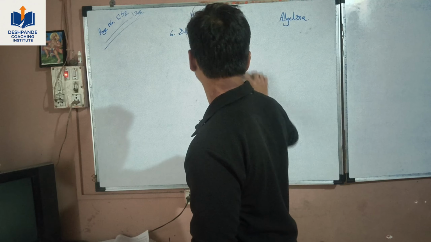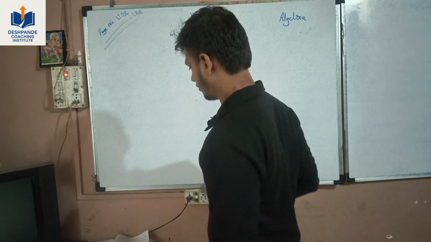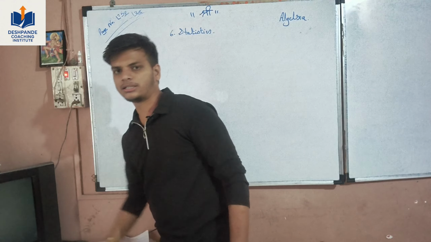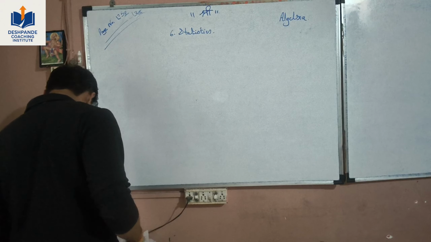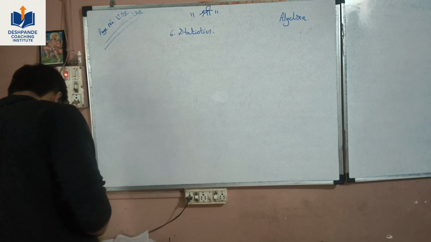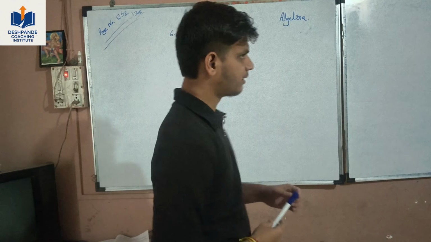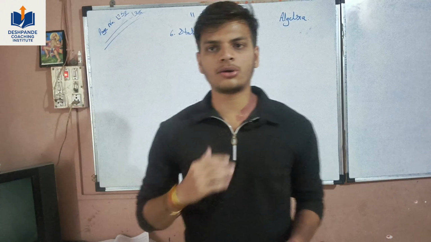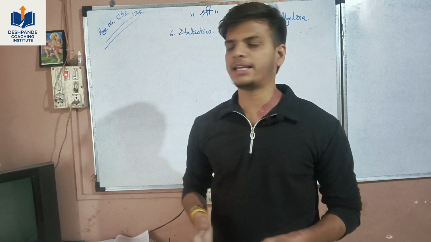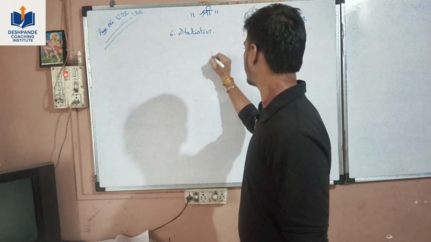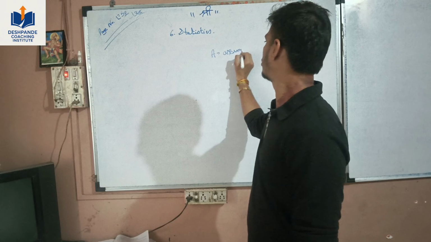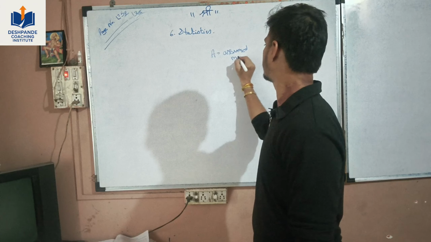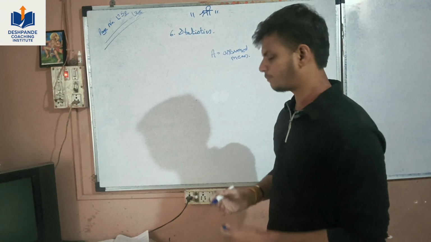So you have to take out the mu of the example. In this there are 6 slots. How are you going to take the A? A is equal to assumed mean, which I have told you in the earlier example.